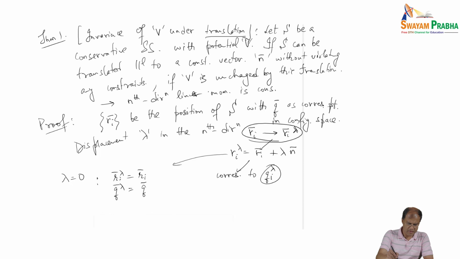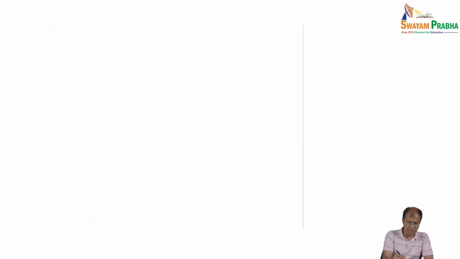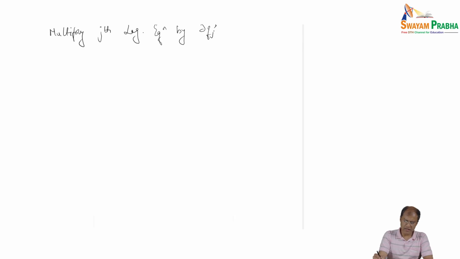We multiply the jth Lagrange equation by partial Qj partial lambda at lambda equal to 0, and we see that this is summation mivi dot with partial Ri partial Qj.